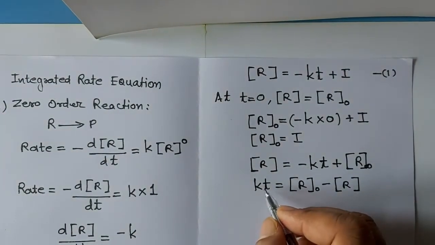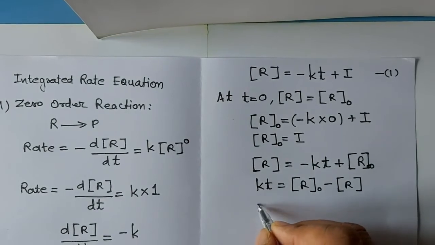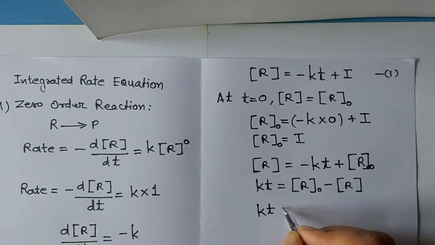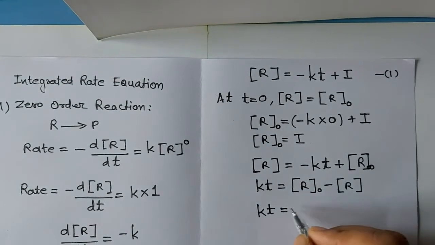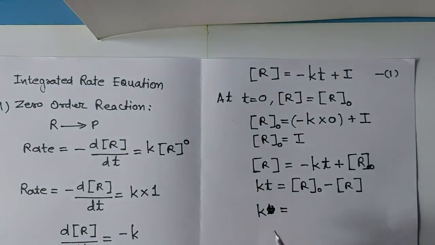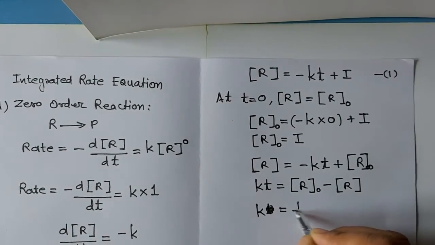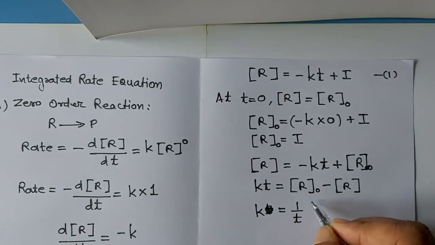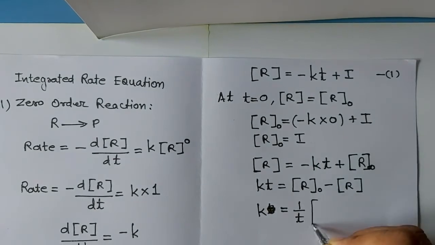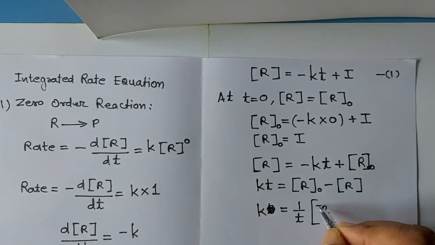We can take t also to the other side if required. Now let's take it to the other side. It will be like this, and then we have these concentration terms.